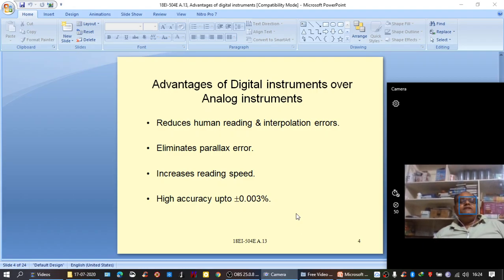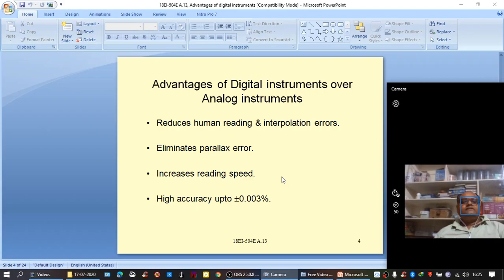And what are the advantages of digital instruments over their analog counterparts? First one, it reduces human reading and interpolation errors. What is human reading error? Suppose we are measuring current on a DC ammeter having a range of 0 to 10 milliamperes.